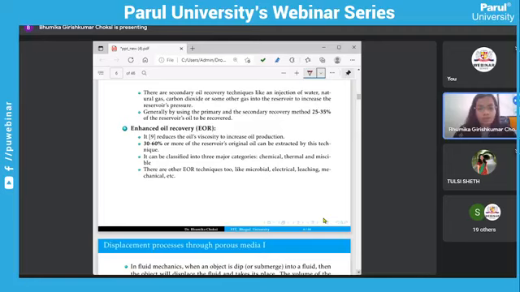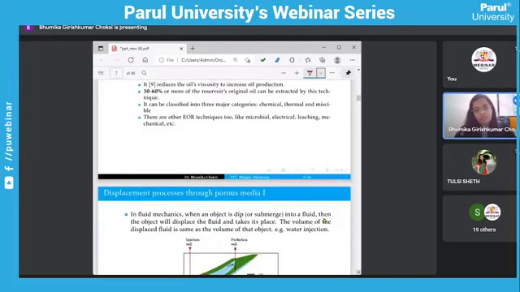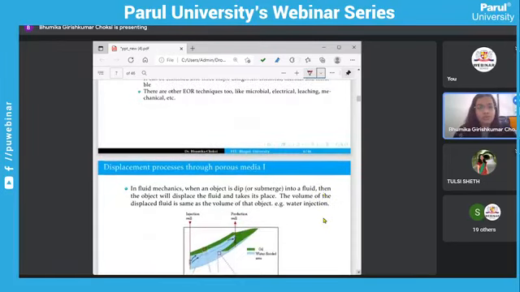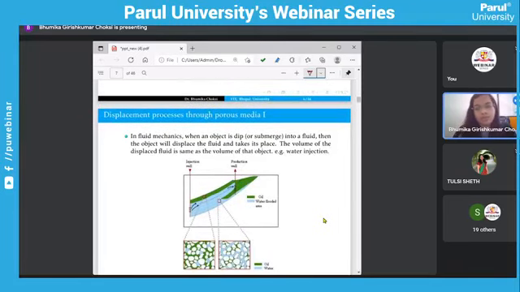When we want to extract oil after natural pressure, so when you want to go for the secondary oil recovery process, of all these processes, the best, most used, and cheapest process is water injection.